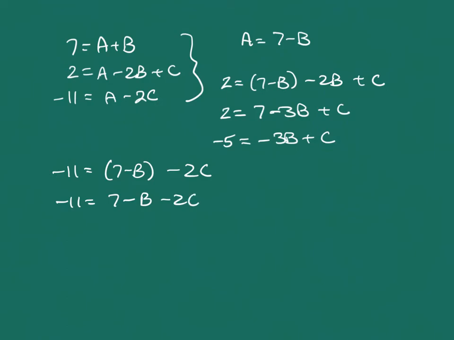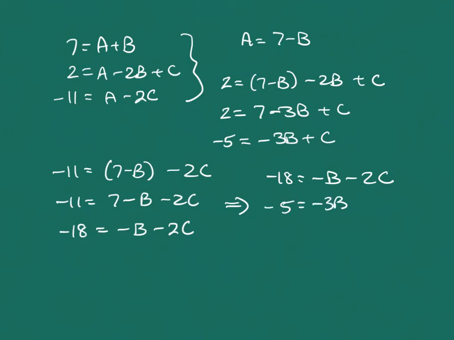Well, moving the 7 over, I'm going to have a minus 18 is equal to negative b minus 2c. And so this reduces to a 2 by 2 system for which I have negative 18 is equal to negative b minus 2c, and negative 5 is equal to negative 3b plus c.